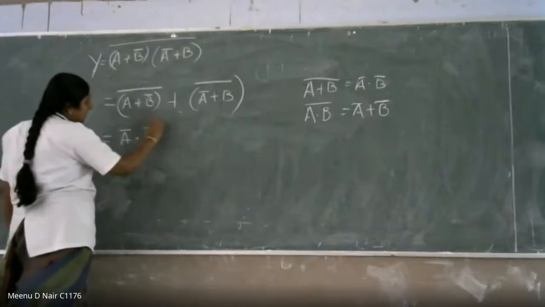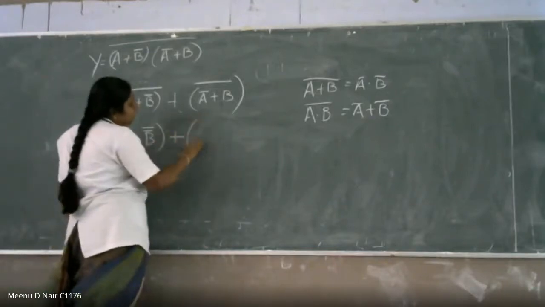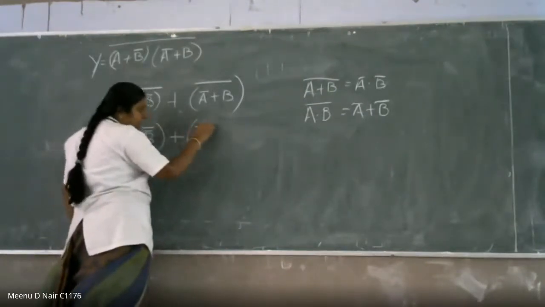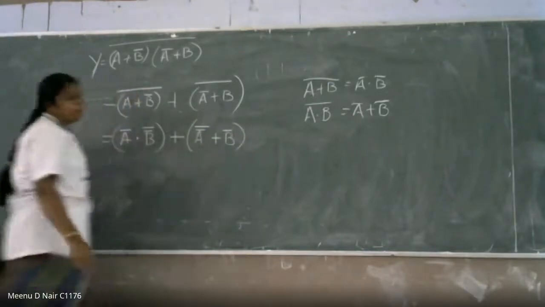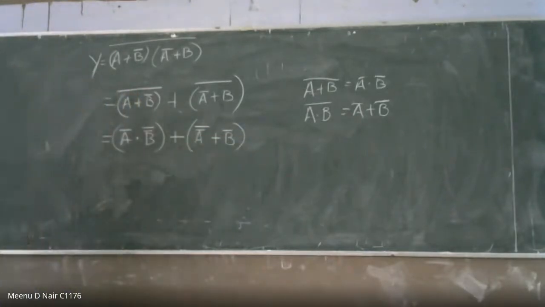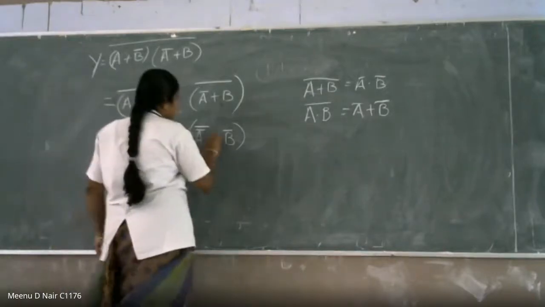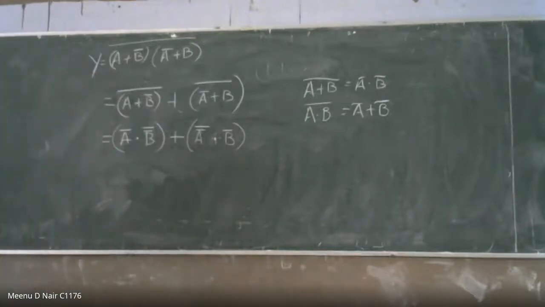This is the first term. Similarly, here we are going to write A double bar plus B bar. So what is the final answer? This is not plus, this is into. Okay, this is into. What is the final answer?